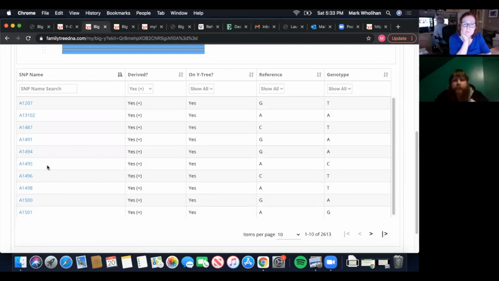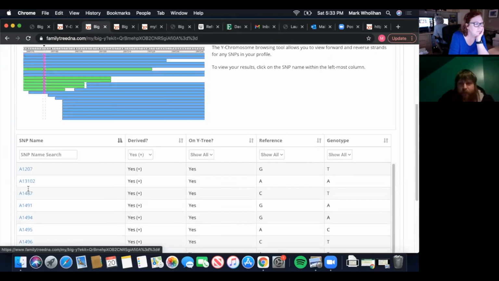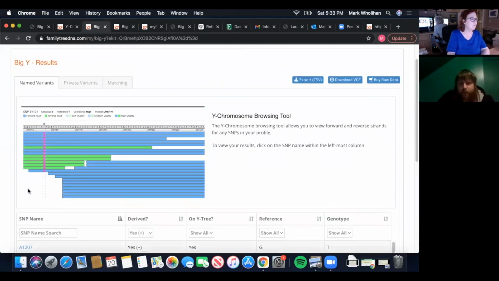So, for instance, your Fitzpatrick cousins, I believe this is A1498 is one of them. So this is a common ancestor that you share with the Fitzpatricks. This SNP here has already been named because they already tested and Family Tree DNA named them.